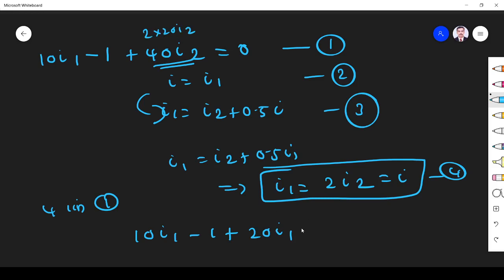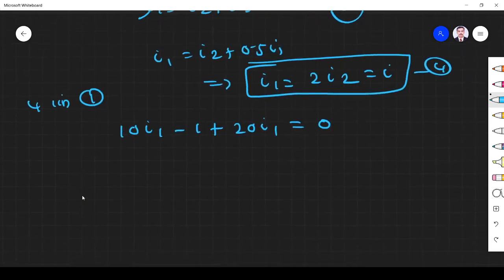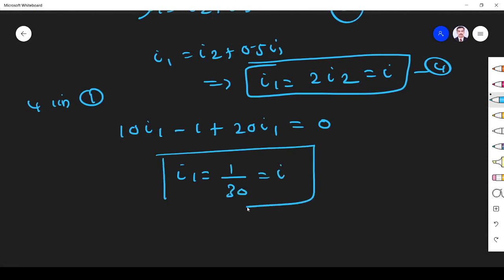So 10 I1 plus 20 I1 minus 1 is equal to 0. From this I can get I1. I1 is equal to 1 by 30, that is equal to I, because I1 is equal to I.